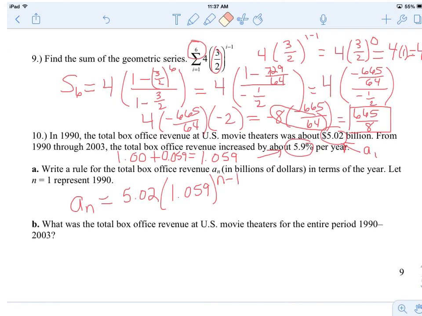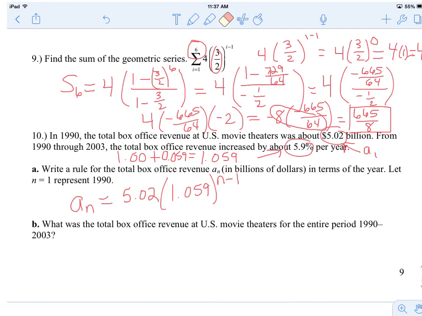Anytime you want to increase by a percent, you should always have 1 and then the percent here, so that you keep all of what you have and add on this percent. You're always adding here if you're increasing. If they wanted you to decrease by 5.9% per year, change this to be a subtraction sign.